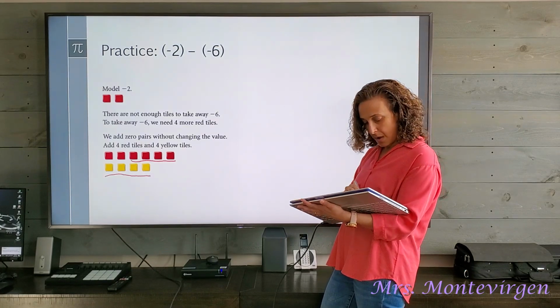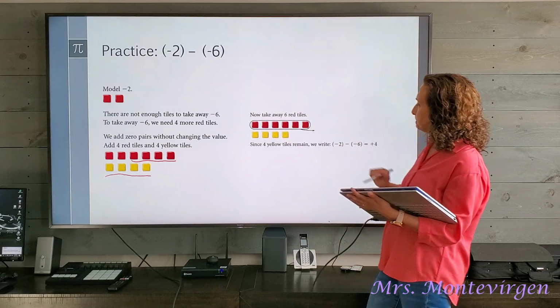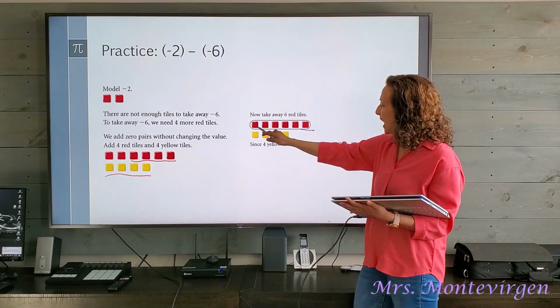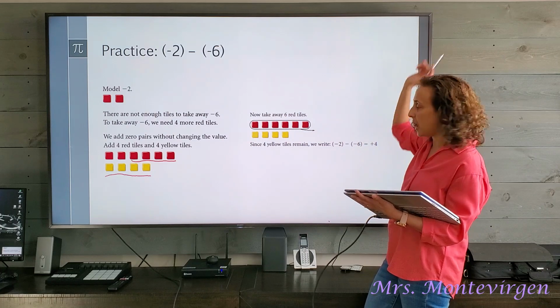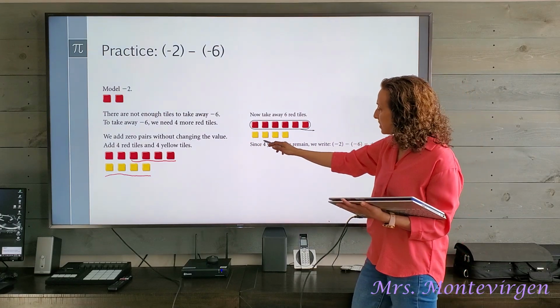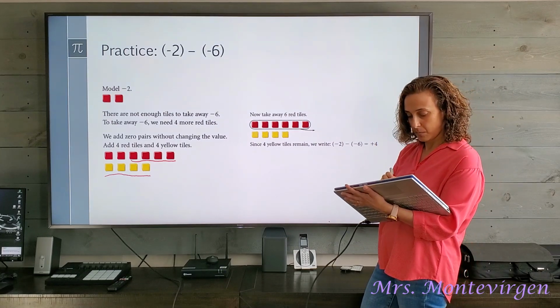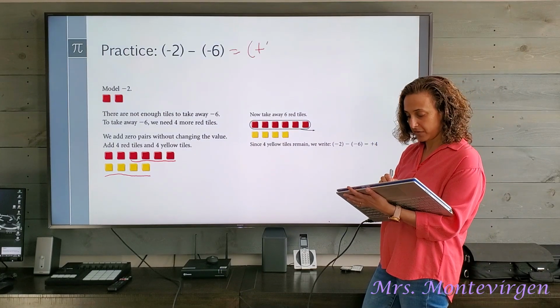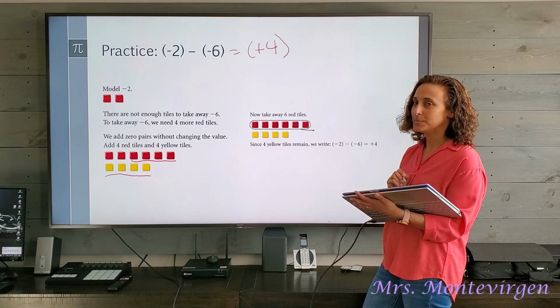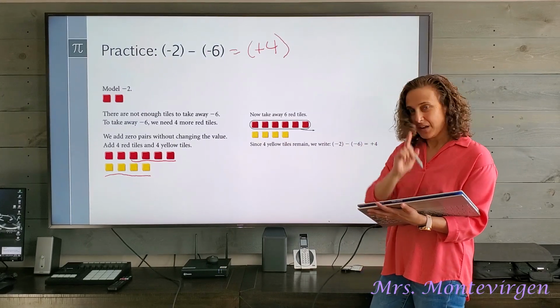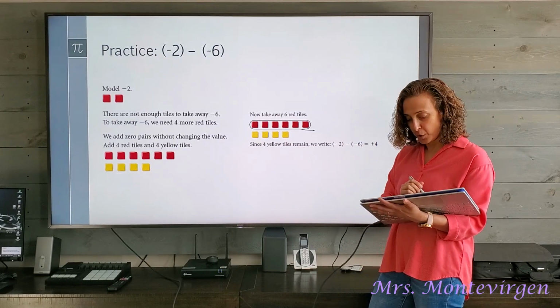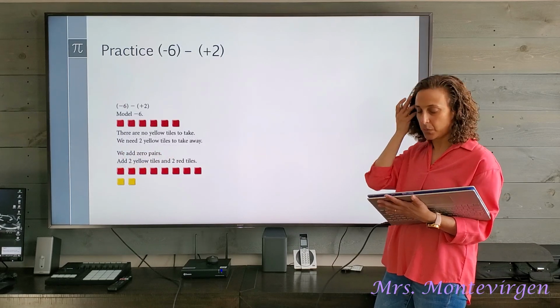And now I'm in a position to take away my 6 negative tiles. And what am I left with? I'm left with 4, and that's my answer. Okay, so my answer is +4. Let's do another example, because with this practice is what will help you understand how to do this one.